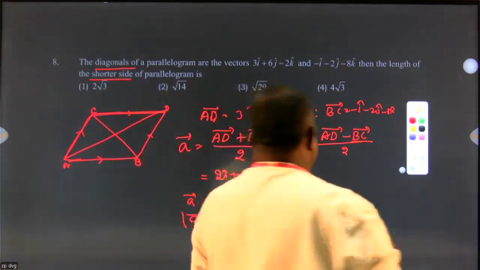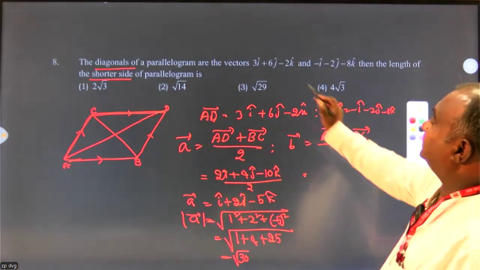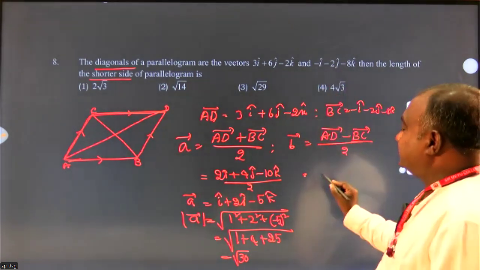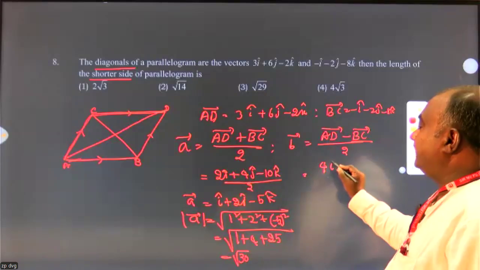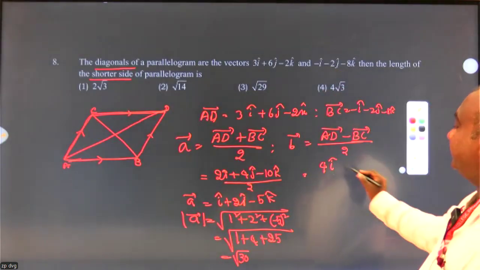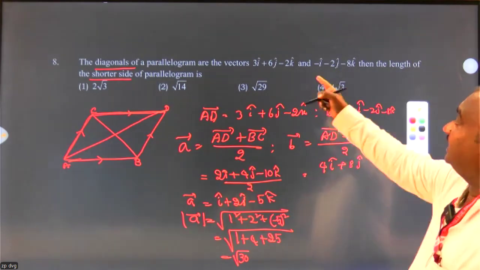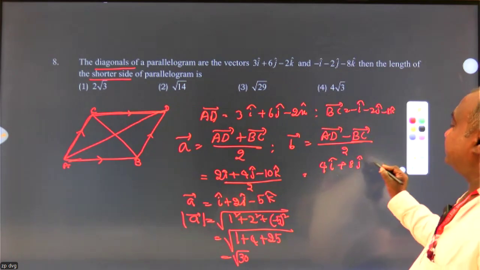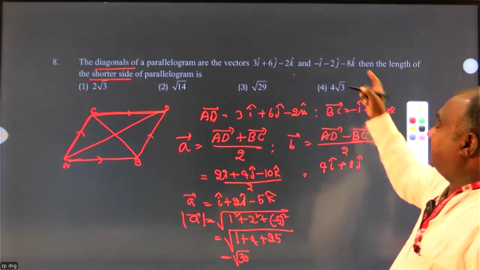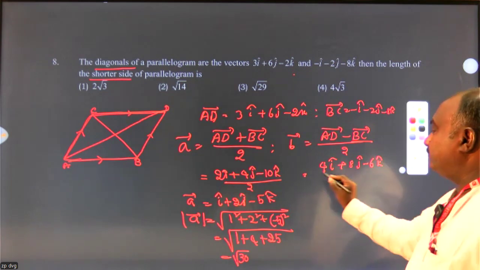Similarly, the other one: AD bar minus BC bar, 3 minus into minus is plus, 3i plus i is 4i, and 6 minus into minus is 6 plus 2 is 8j, and minus 2 minus into minus is minus 2 plus 8 is 6k, by 2.